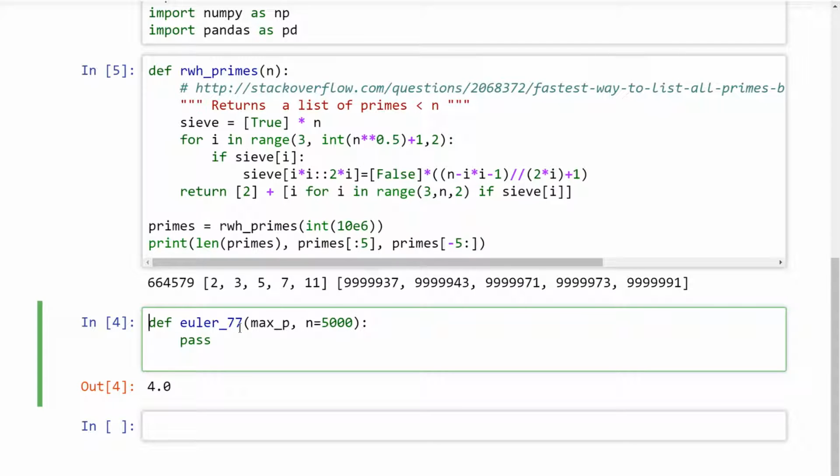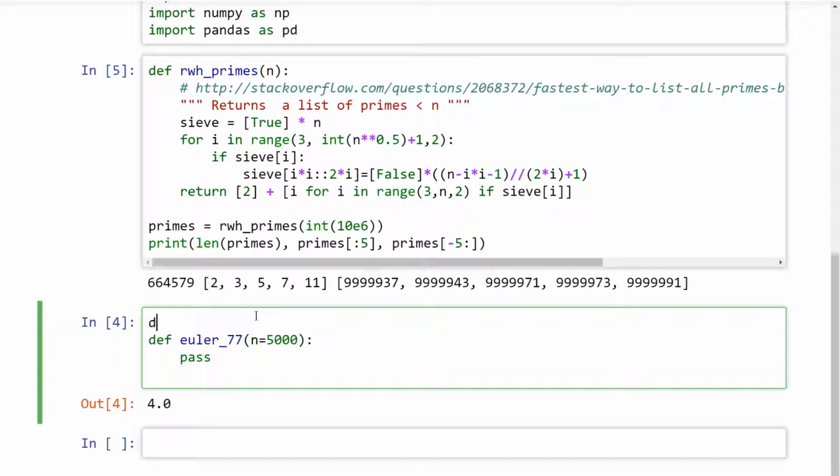To optimize, we start from a bigger number, because we would say at least 5,000 or even more, and then loop through the primes that are less than that number.